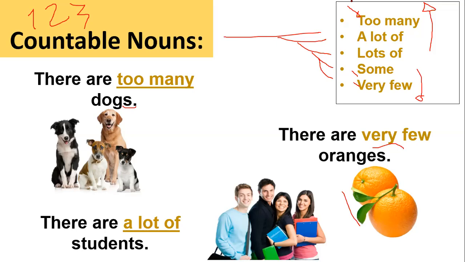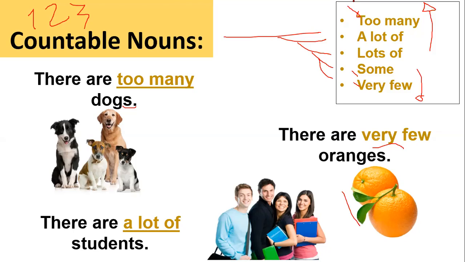Somebody else who wants to give me another example with any of the phrases? All right, so I'm gonna ask then. There are, it could be a lot of pencils. Okay, all right, very good.